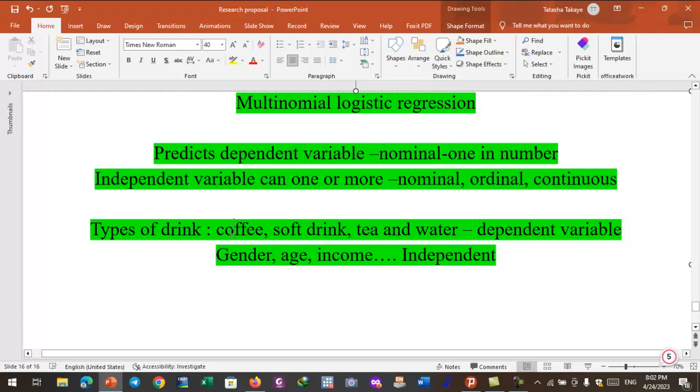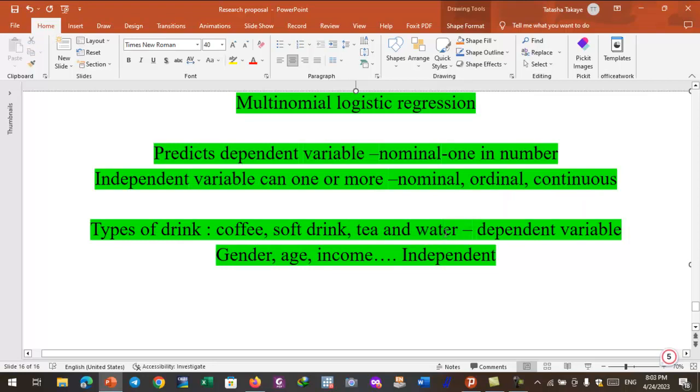For example, in the course of entering data into software like SPSS or STATA, we enter the data in numeric form, and we represent coffee by 1, soft drink by 2, tea by 3, and water by 4.